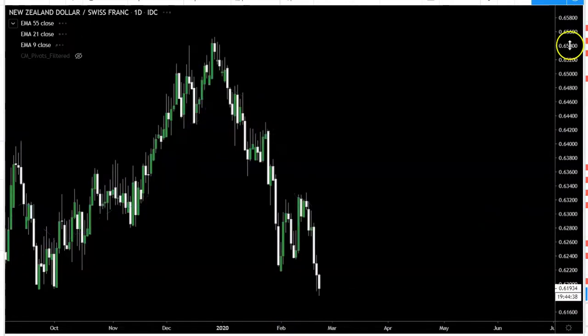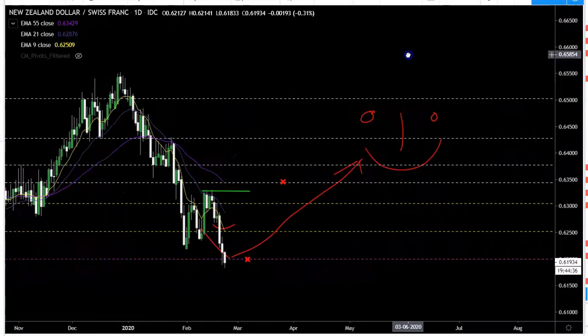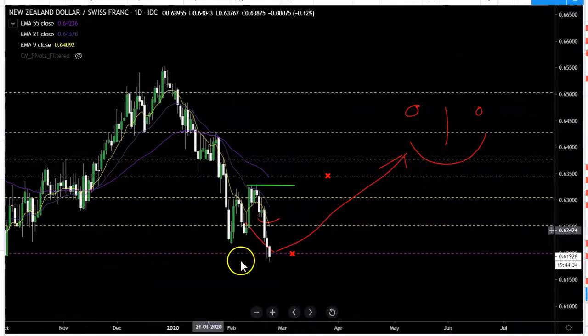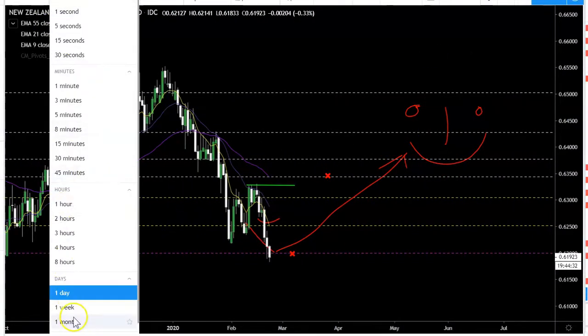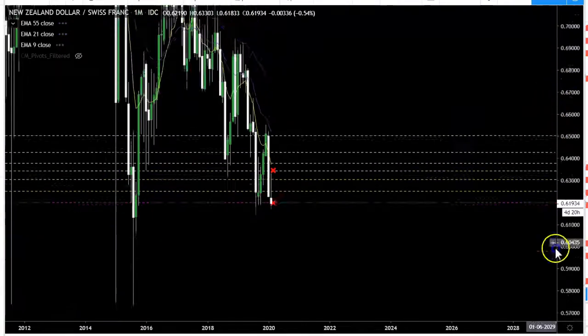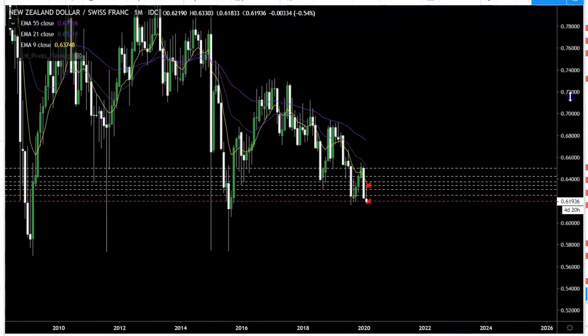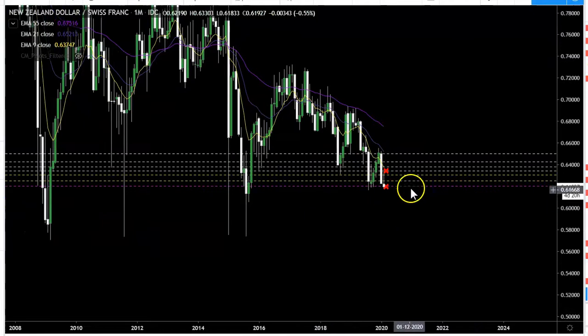Then we go to New Zealand Swissy, and excuse my artistic work, but I want to take you to the monthly here. And here's the reality, guys. We're at historical lows. I really do want to get in on the bottom floor here if the New Zealand Swiss is going to make a move up.